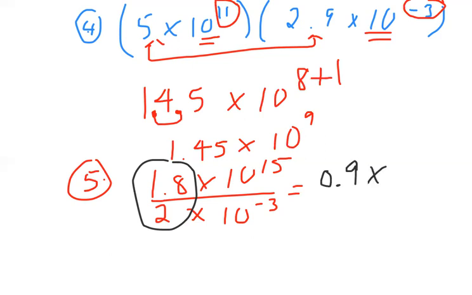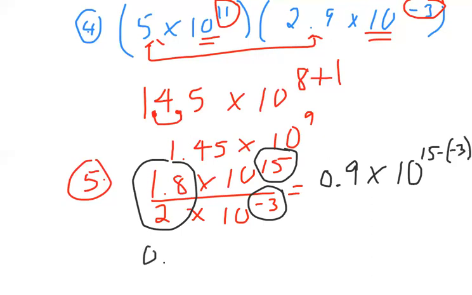Keep the base 10 and subtract the powers. 15 minus negative 3. So this turns out to be 0.9 times 10 to the 18th power.